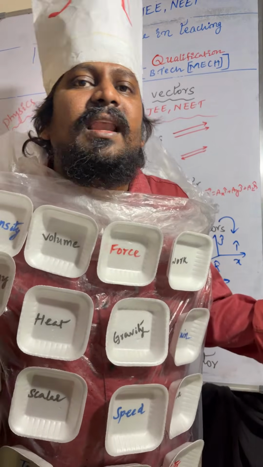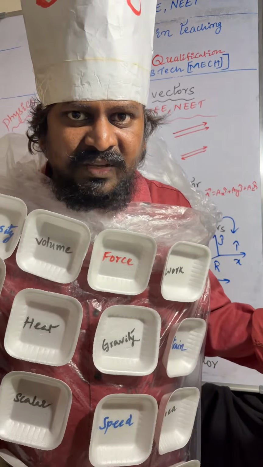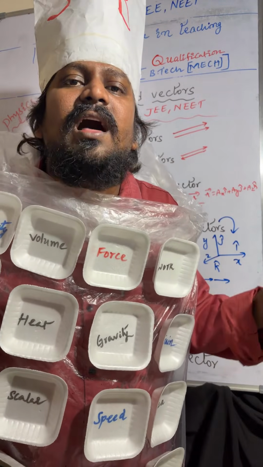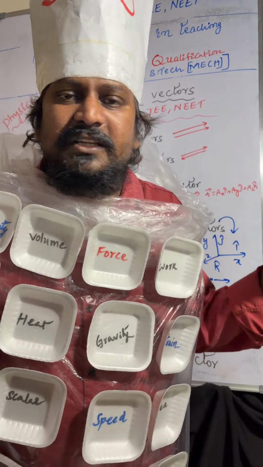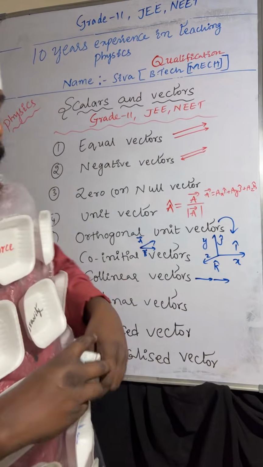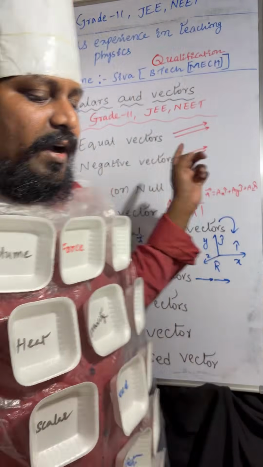Coming to non-localized vector: the vector whose initial point is not fixed is called non-localized vector. I hope it is very clear. Once again, we will discuss all those points. So equal vectors, both having equal magnitude and acting in the same direction. Point number 1.